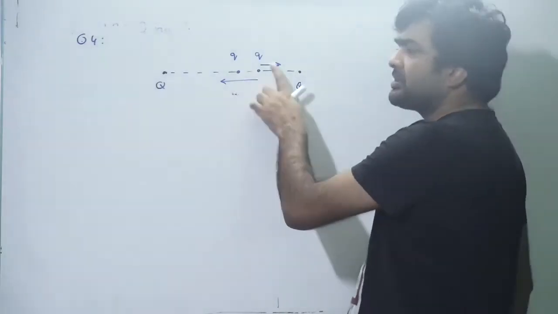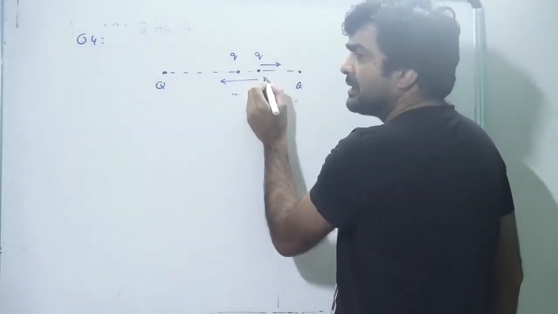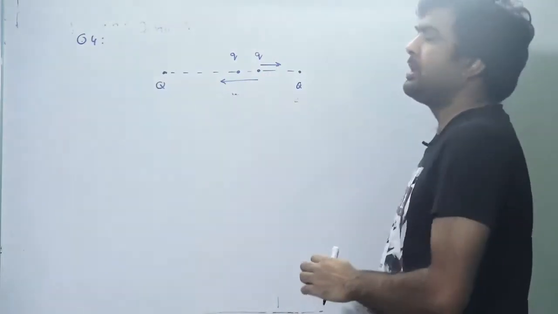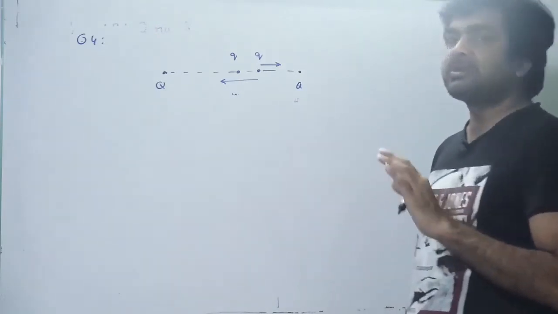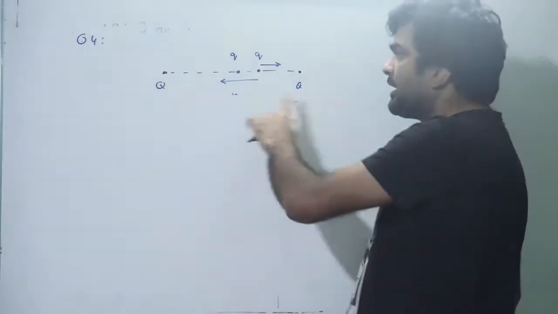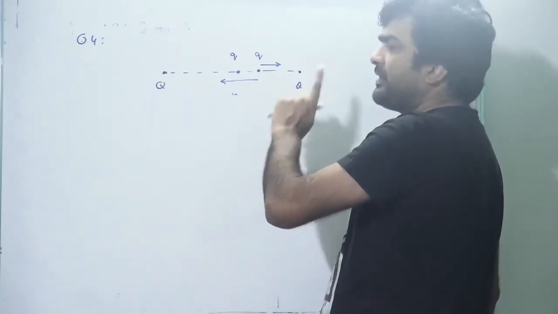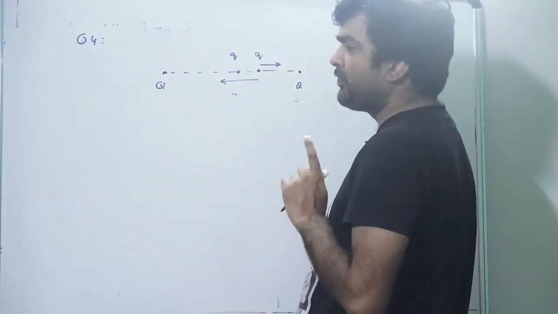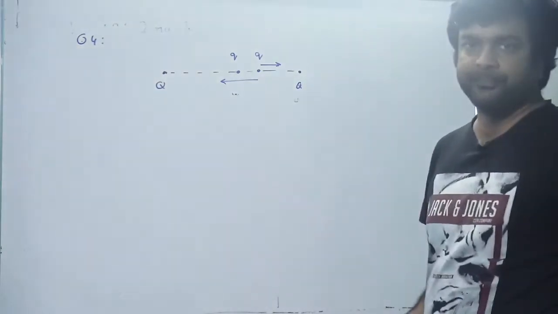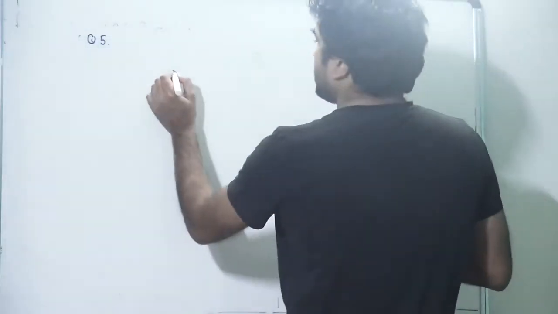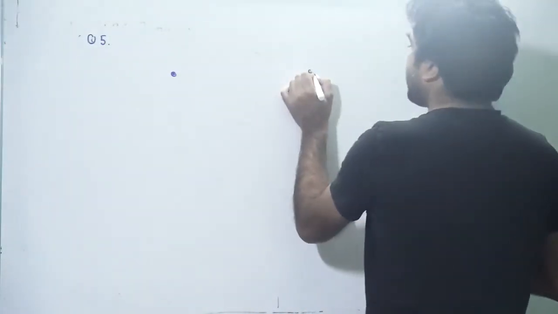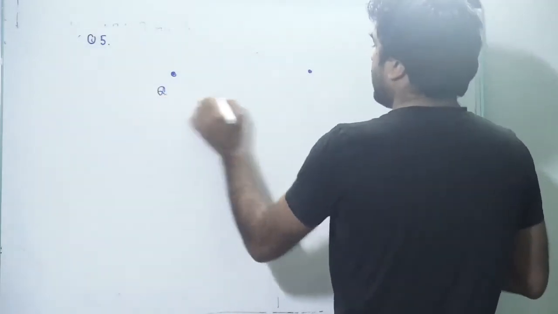So net force on the charge will be towards the mean position, and therefore it will be in stable equilibrium. So along the line joining the two charges, this charge Q, if it is placed in mid position, it will be in stable equilibrium.